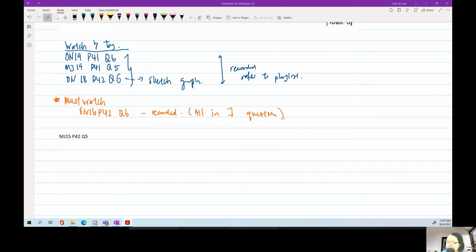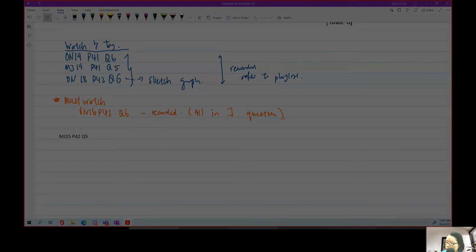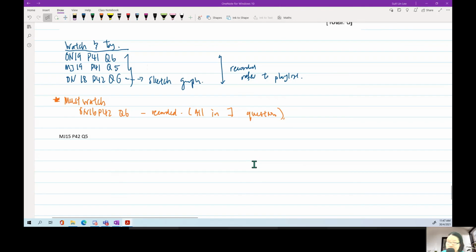Okay, so we're going to do May/June 15, paper 42, where I will examine the V-r graph. That will be the last example for chapter 17. So all this is the electric field E-r graph for 2 charges, whether it's charged spheres or just point charges. So now we're going to move on to the V-r graph.